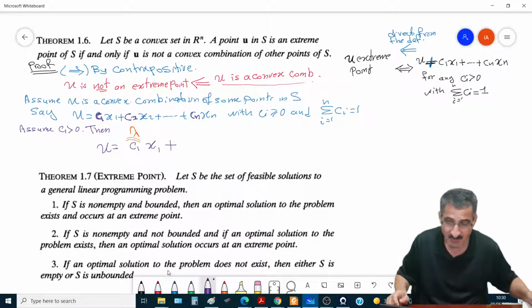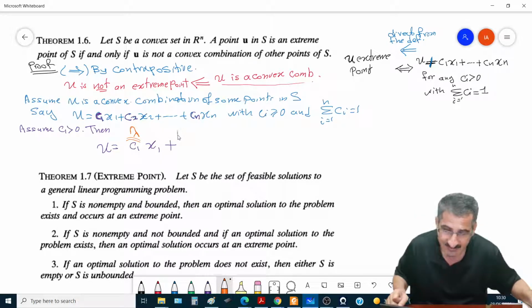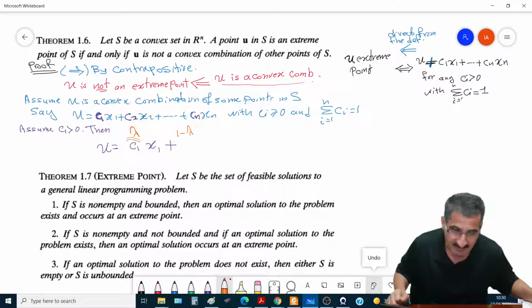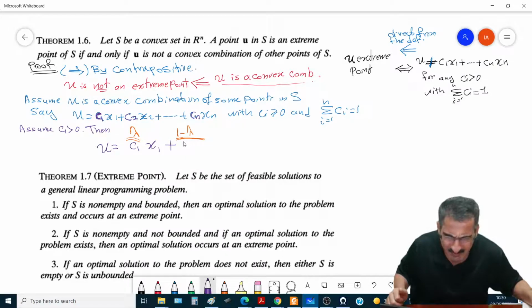Now I want 1 minus lambda here, multiplied by some other vector. Lambda is C1, I chose lambda to be C1, so 1 minus lambda will be 1 minus C1.